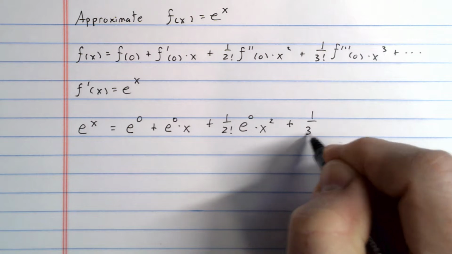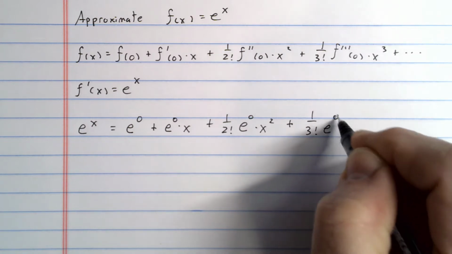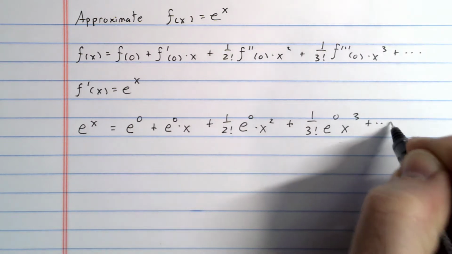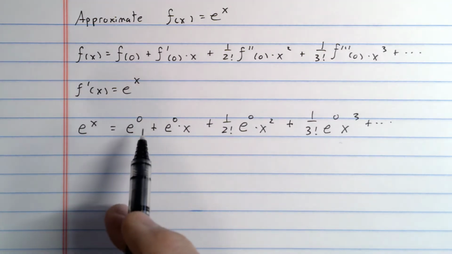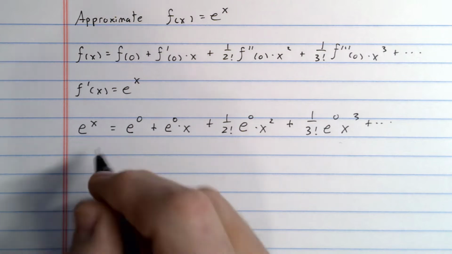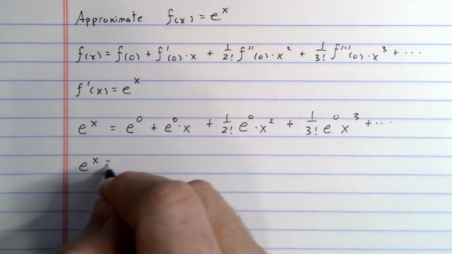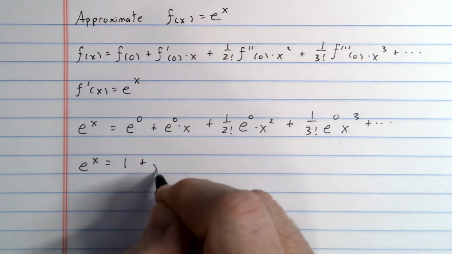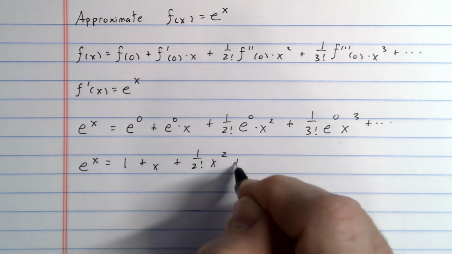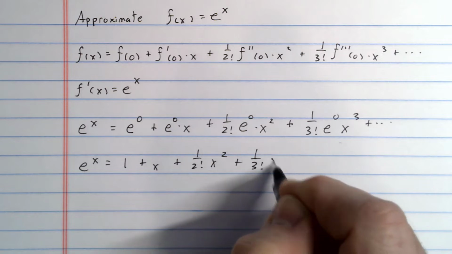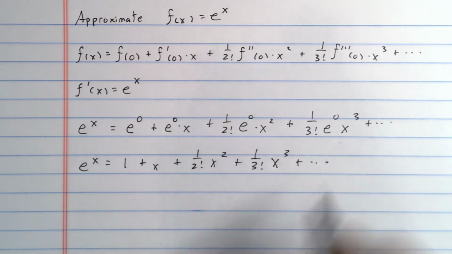We get 1 over 3 factorial e to the 0, x cubed, and so forth. Now remember, e to the 0 is just equal to 1. So we can simplify this a little bit. We see that we have e to the x is equal to 1 plus x plus 1 over 2 factorial x squared plus 1 over 3 factorial x cubed and so forth.